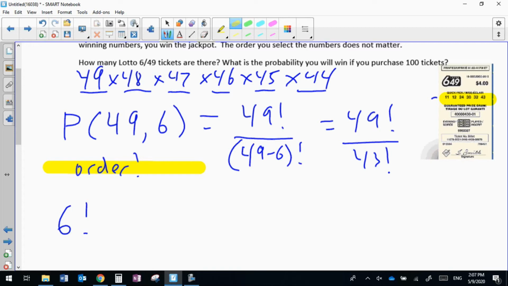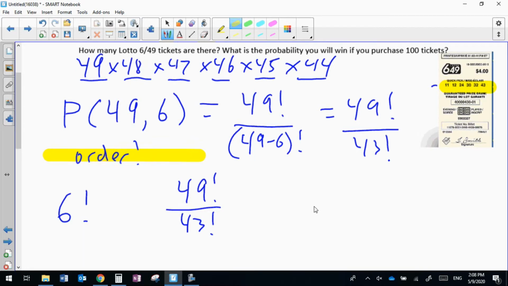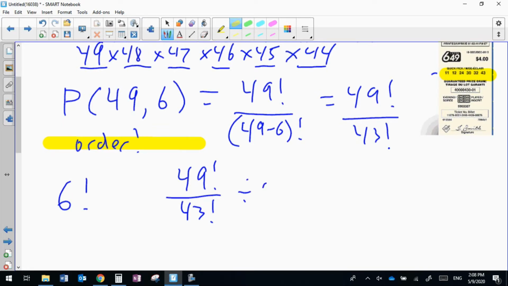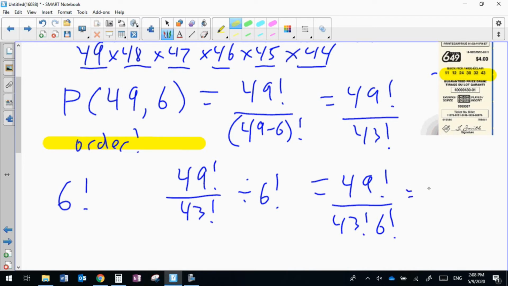So we actually take this massive number, 49 factorial divided by 43 factorial, and we divide it by 6 factorial because it's too big. That ends up looking like this. If you figure that out on your calculator, you find you get a much smaller number. It's still pretty big. A little less than 14 million possible tickets.